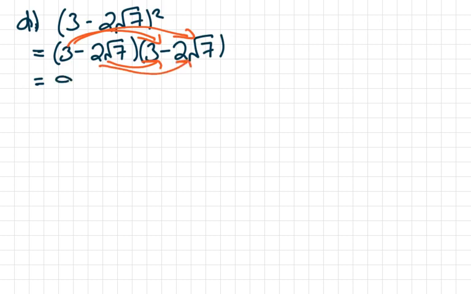So 3 times 3 is 9. 3 times 2 root 7. And then 2 root 7 times 3. And then 2 root 7 times 2 root 7.